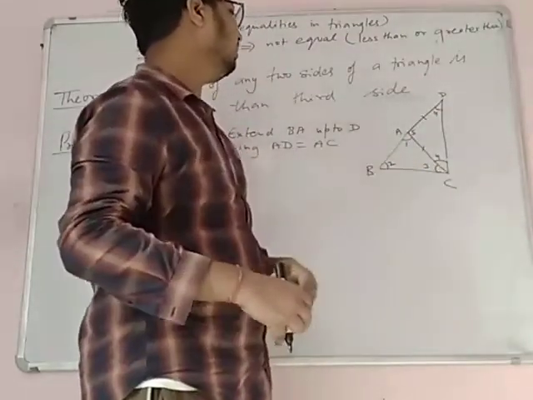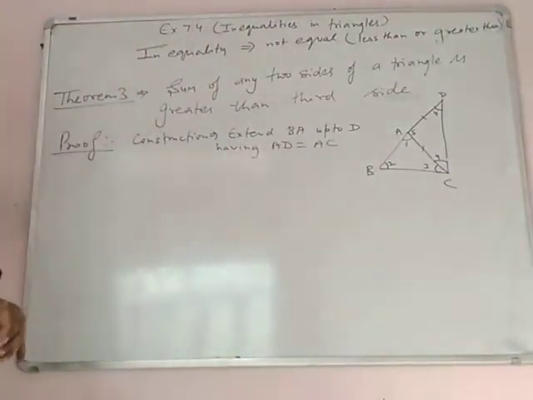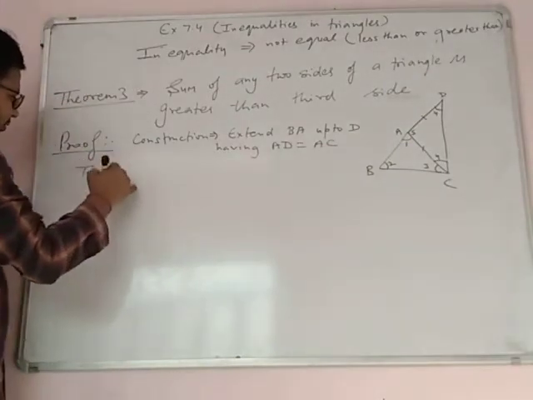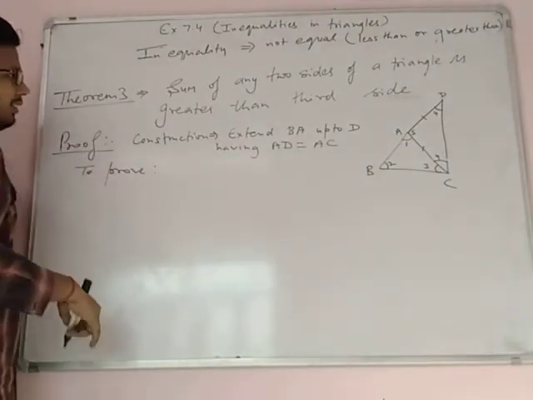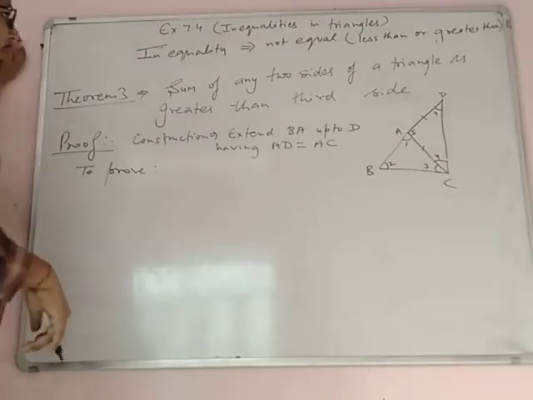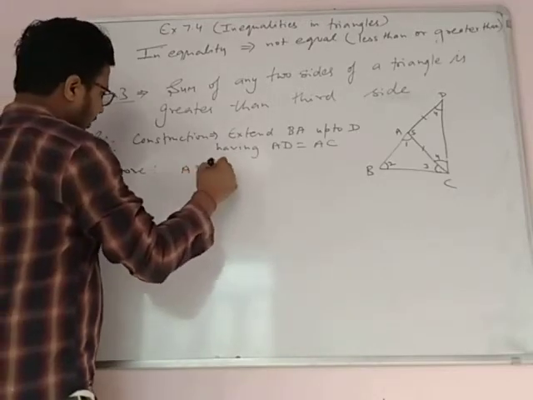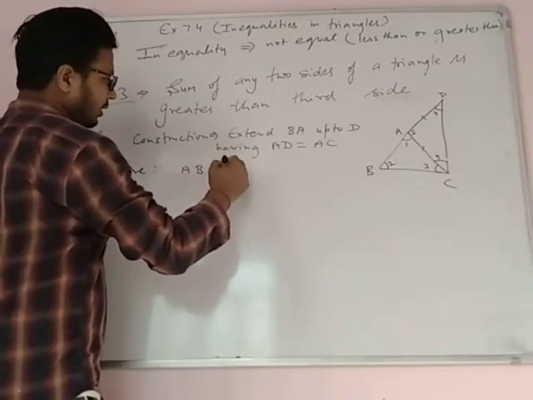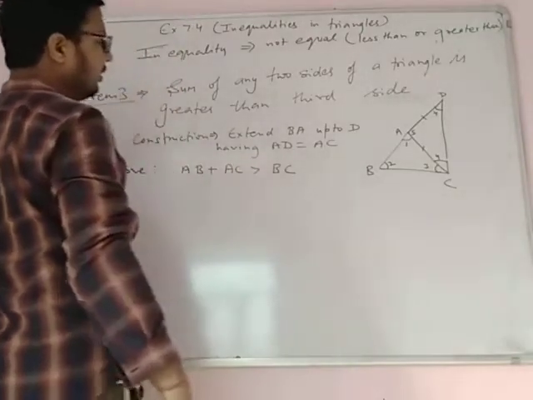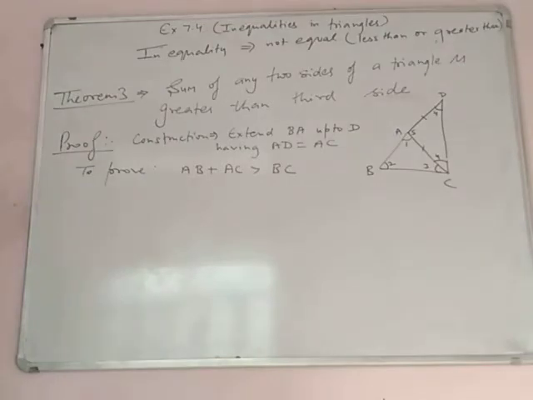We had to take both sides equal. Now what we have to prove: to prove is that AB plus AC is greater than BC. AB plus AC, the sum of two sides, is greater than BC.